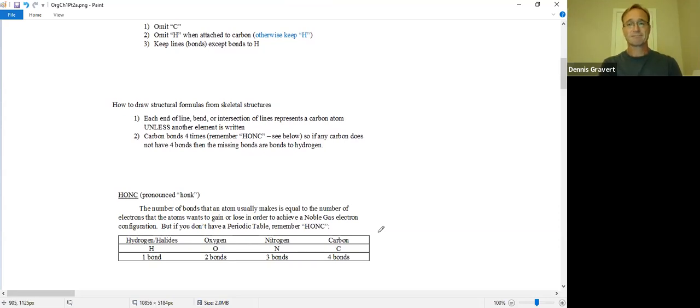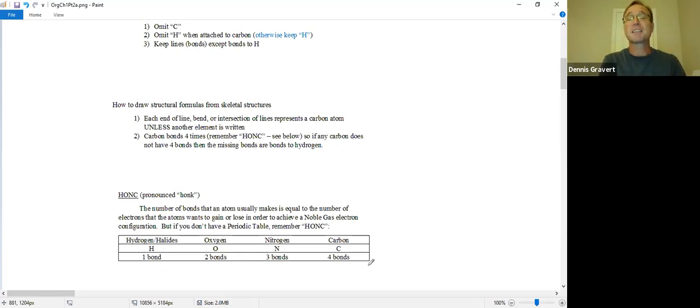Now, there's a nice fancy way of doing it back in general chemistry involving the noble gas electronic configuration. This is really just a shortcut, not the right scientific way of explaining it, but it's a great shortcut. HONC, H-O-N-C: H stands for halides and hydrogen, bonding one time, oxygen twice, nitrogen 3 times, carbon 4 times.